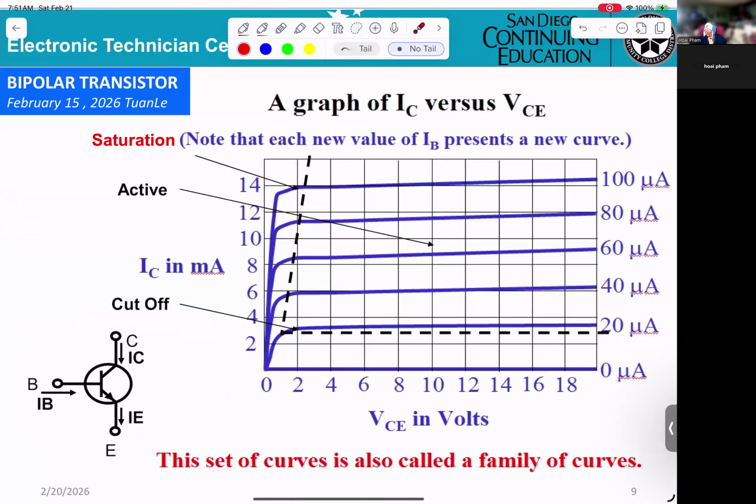This is the voltage VCE. That's the VCE. Now, you can see the curves drawn here. This is used for IB, that current IB.